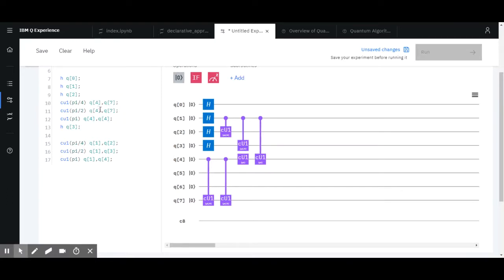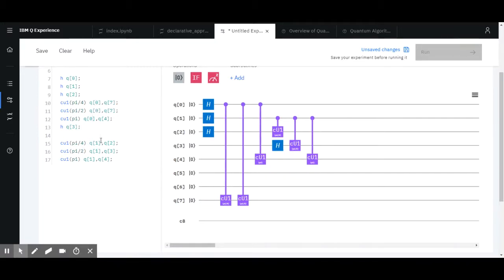So what is the target actually? Which is this one, pi divided by 4. So this would all be, for example, qubit 0, qubit 0, qubit 0, and then this would be 4, 5, 6, right?